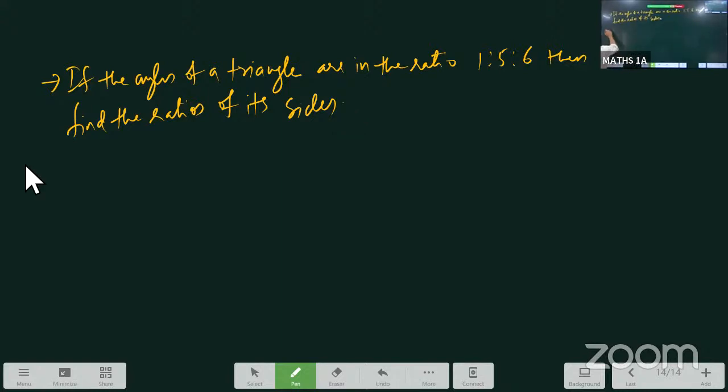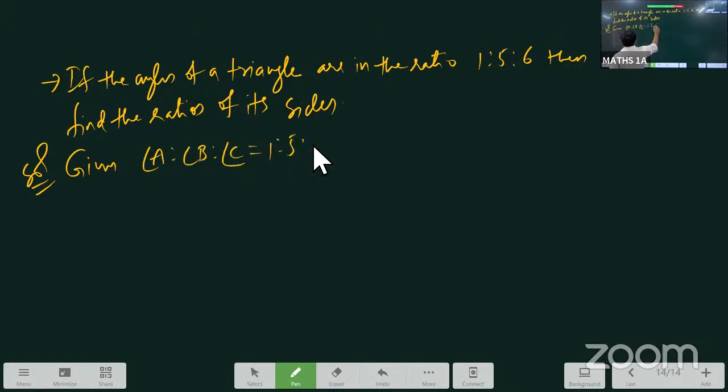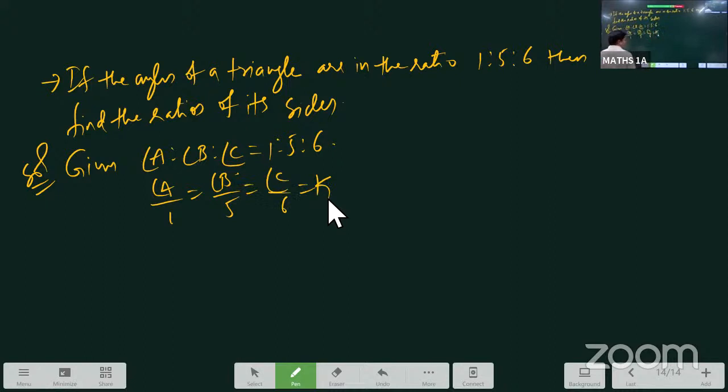See, so given angle A is to angle B is to angle C, whose ratio is given as 1:5:6. Then angle A by 1 equal to angle B by 5 equal to angle C by 6, let it be some K. Whenever A1 is to B1 is to C1 equal to A2 is to B2 is to C2, that is A1 by A2 is equal to B1 by B2 is equal to C1 by C2.